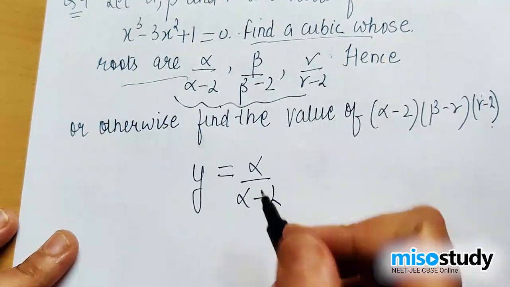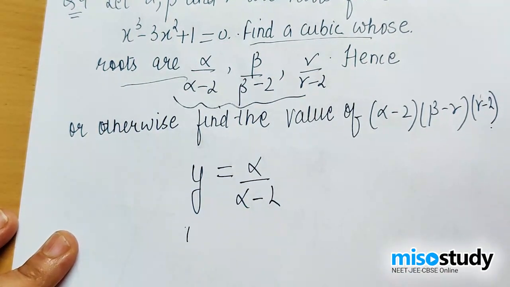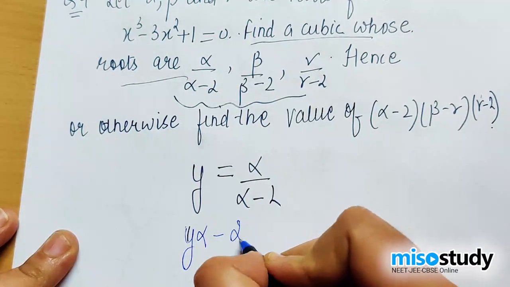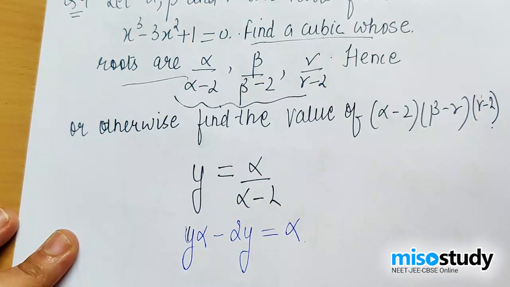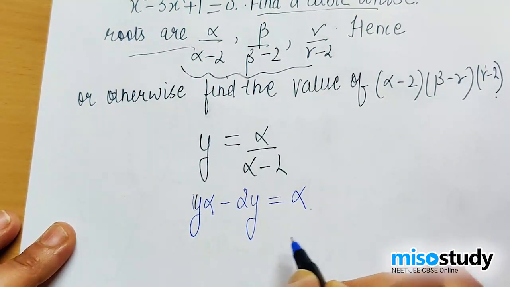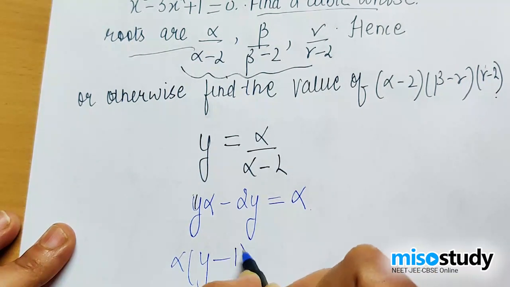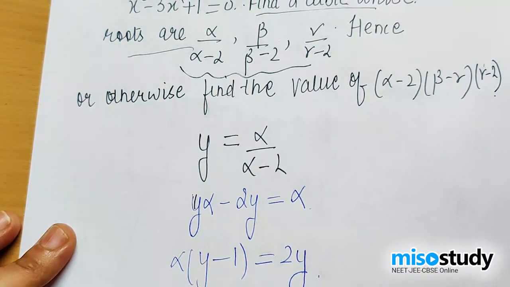On cross multiplying, I will have y alpha minus 2y equals alpha. Taking alpha common, alpha into y minus 1 equals 2y.